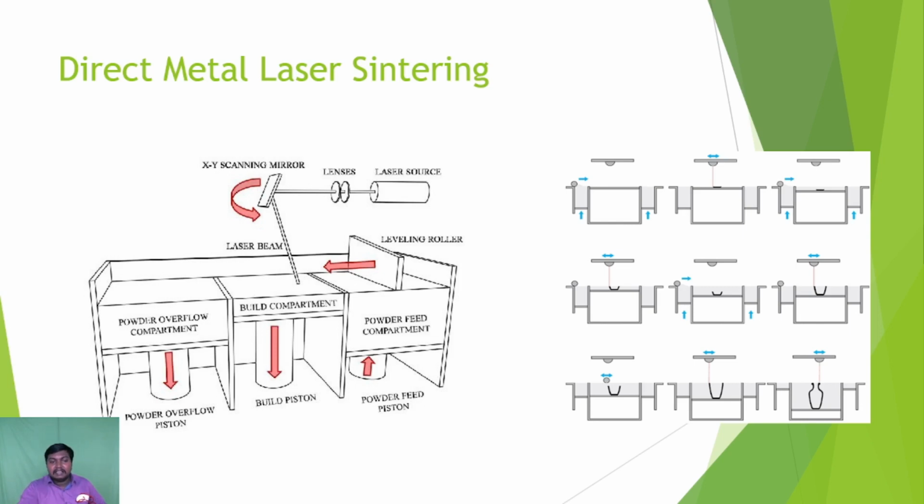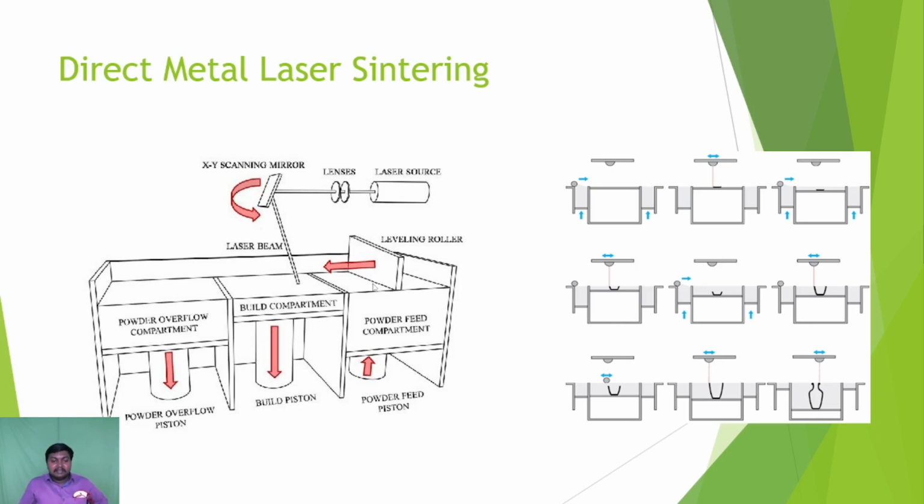After that the powder is converted into solid, and the build piston moves down. Same again, the powder feed piston moves upward, and the leveling roller supplies the powder to the build platform, and the overflow powder moves to the overflow compartment, and the powder overflow piston moves downward.